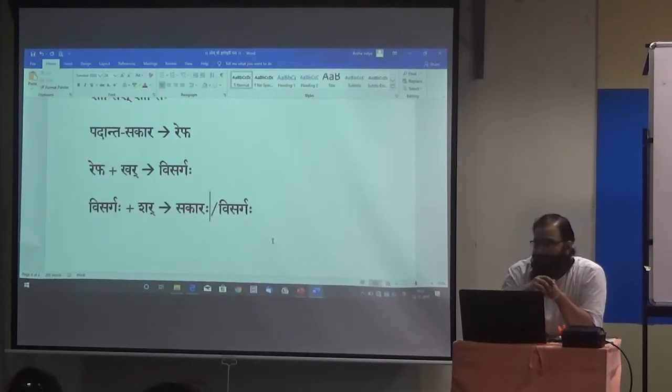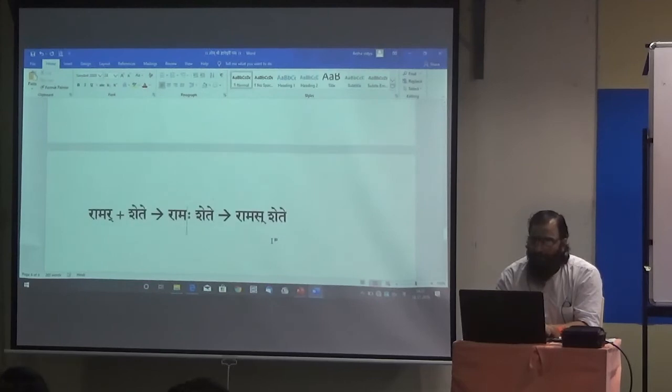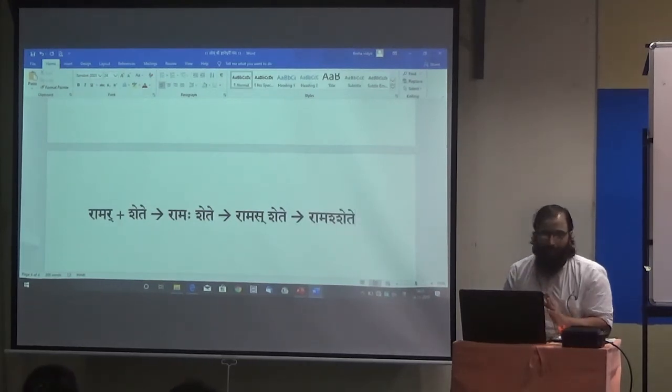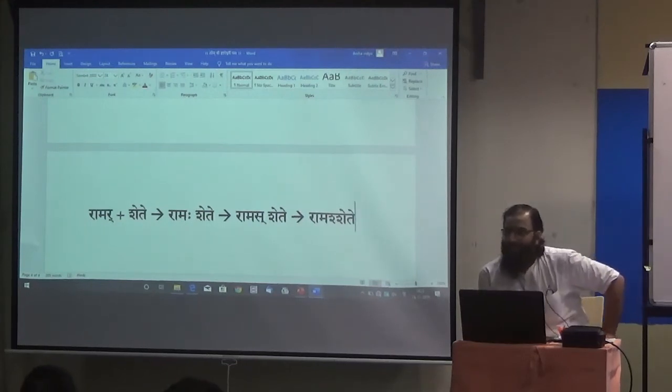Ramas shete becomes Ramashshete. In the example I gave, Ramas shete is going to become Ramashshete. Now you see one word, which means sandhi happened. What sandhi is that? Sakara becomes shakara.